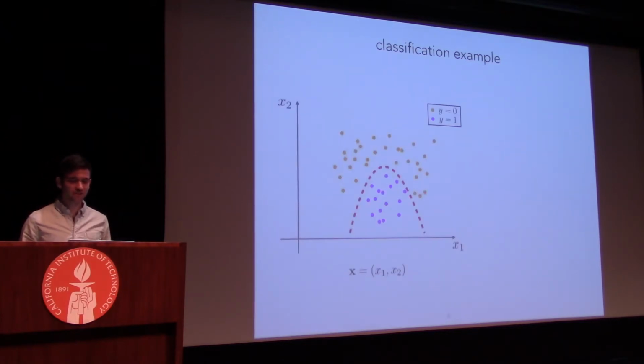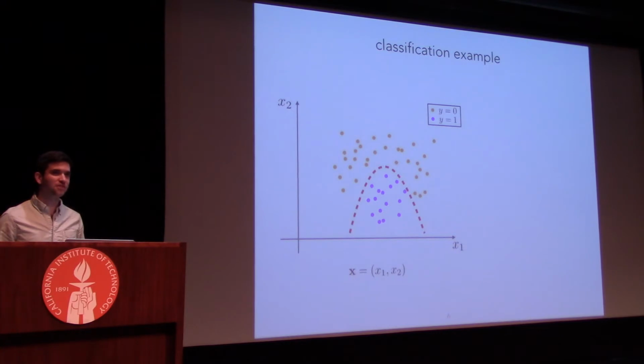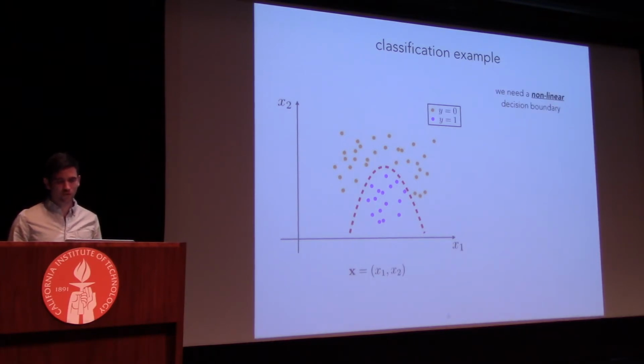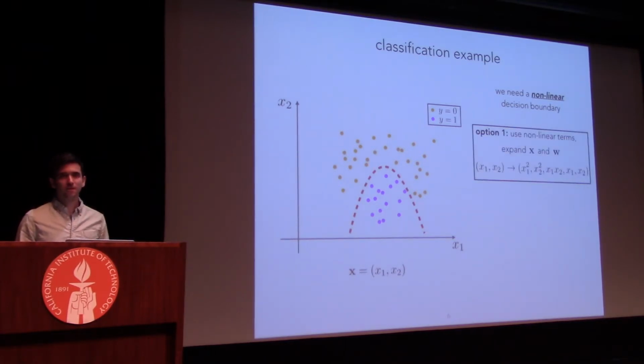So what if I instead have this kind of setup, where now I wouldn't really be able to fit a line to it? Well, if I were to try to find a nonlinear decision boundary, how would I do that? One option here would be, let's expand out X. Let's expand out our data and give ourselves effectively more dimensions to work with.